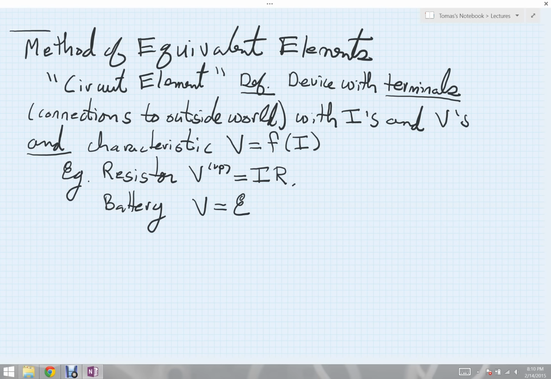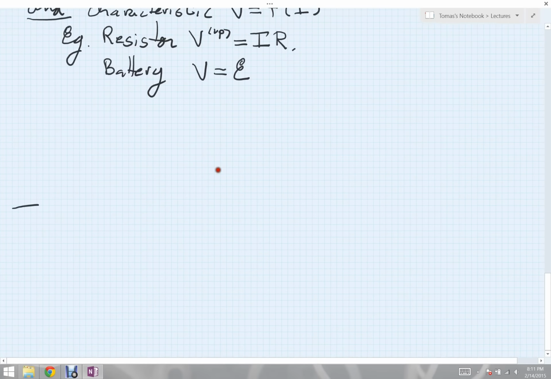Let's now try to apply this to the idea of our resistors in series. So if we want to make an example of this, let's consider now the series combination that we were just considering.